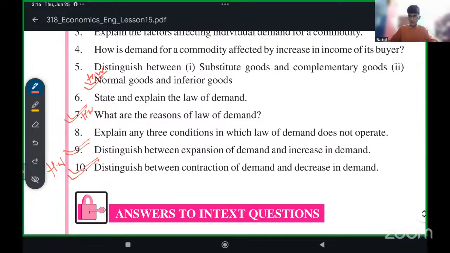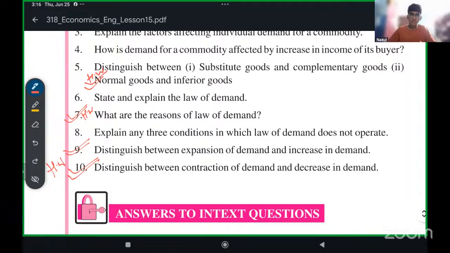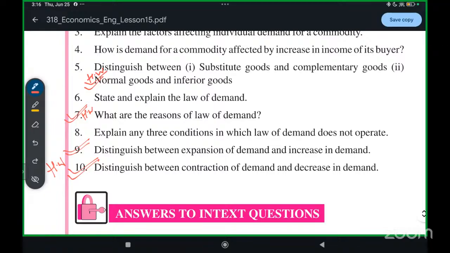Okay, let me see if I can give you a question to make a demand curve.